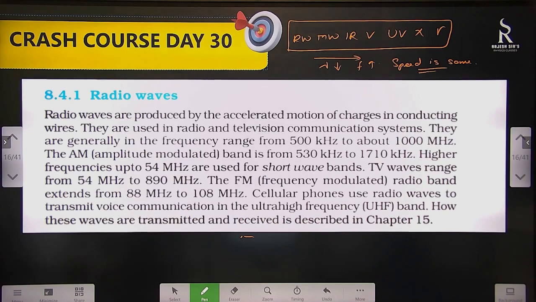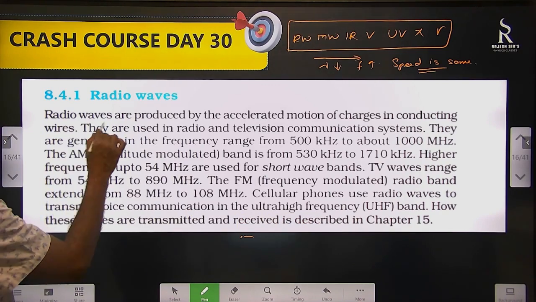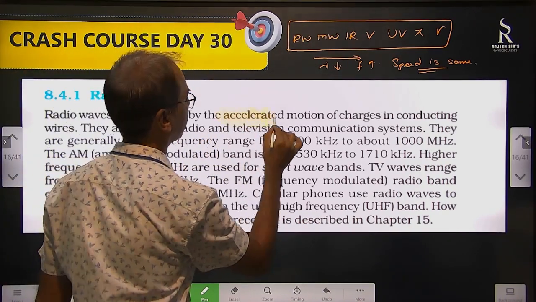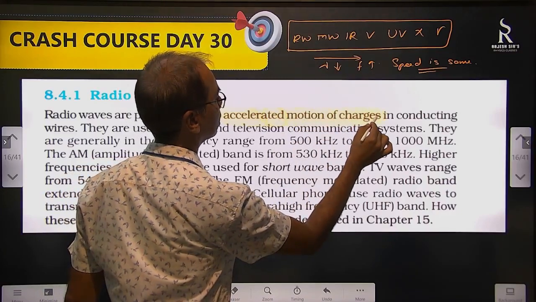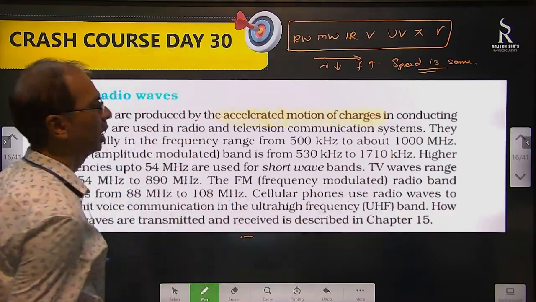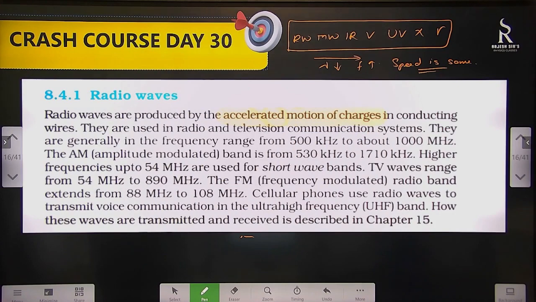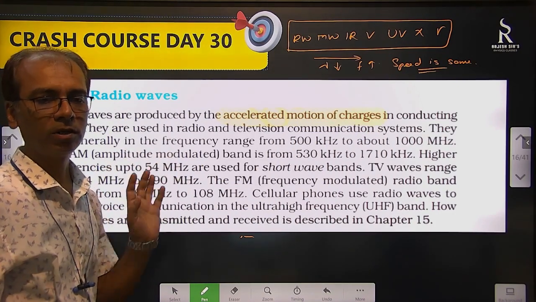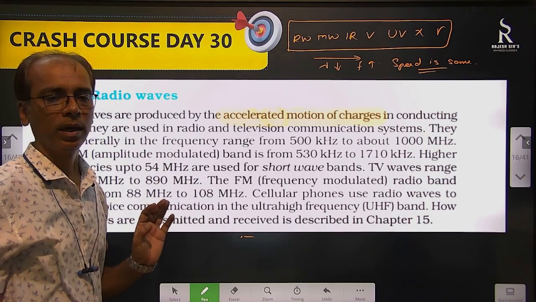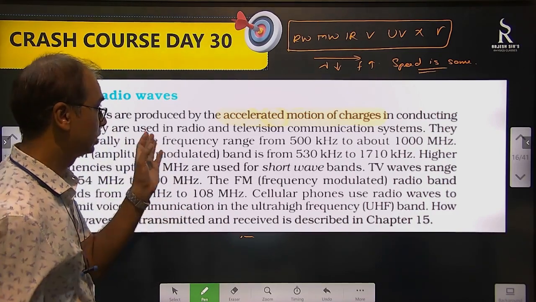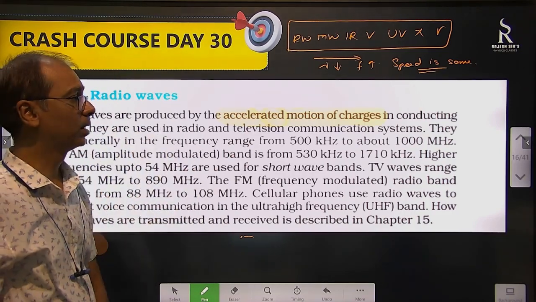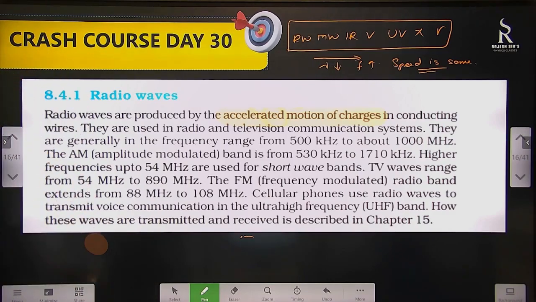So what are we to highlight? Radio waves are produced by accelerated motion of charges. As we said, electromagnetic waves are produced by accelerating charge. So here it is: radio waves we are producing with accelerated motion of charge in conducting wires.